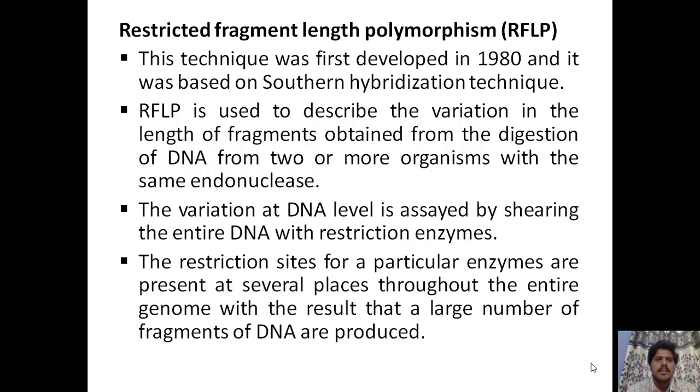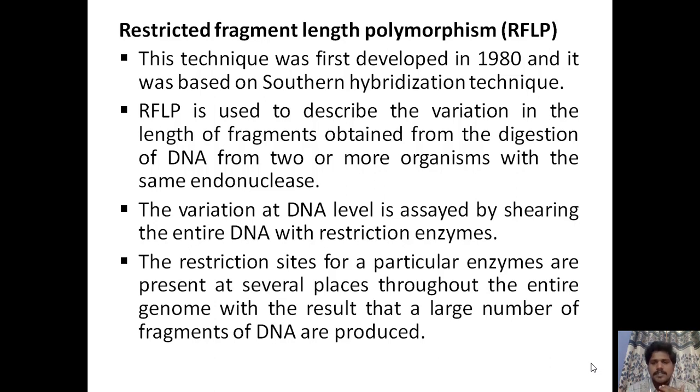To refresh you again, RFLP is used to describe the variation in the length of the fragments obtained from digestion of the DNA from two or more organisms with the same endonuclease. The variation at the DNA level is assayed by shearing the entire DNA with the restriction enzyme. Shearing here means cutting.